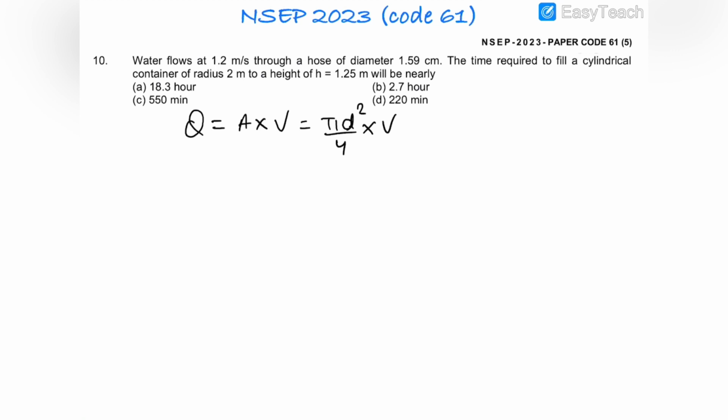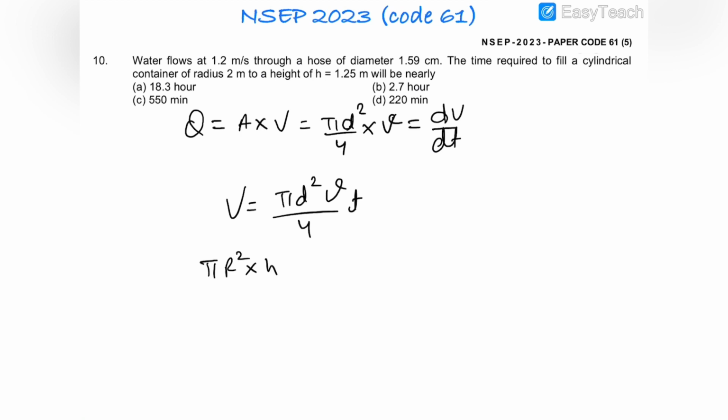This is Q. Now we know that Q is dV by dt, and volume V will be equal to pi d square v by 4 into t. This volume is the volume of the cylinder which has to be filled, and it is pi r square into h, and this is equal to pi d square v by 4 into t. Cancelling pi with pi, the time will be equal to 4 r square h by d square v.